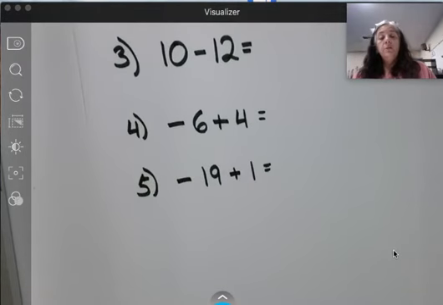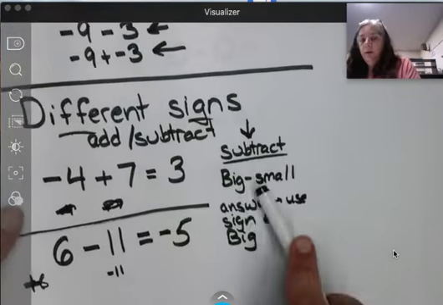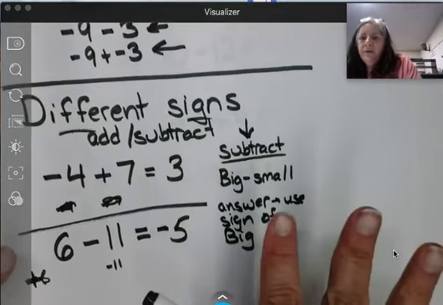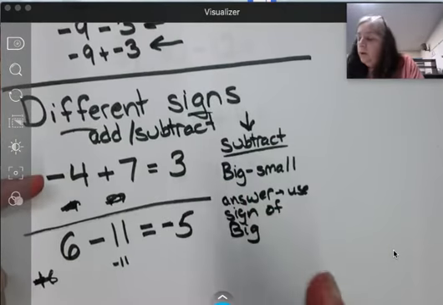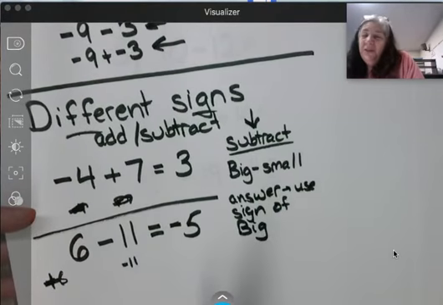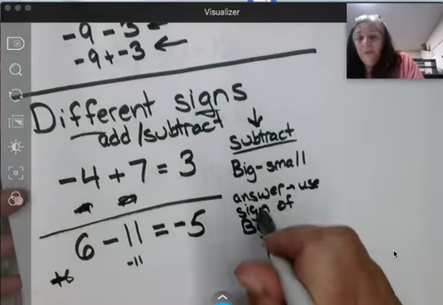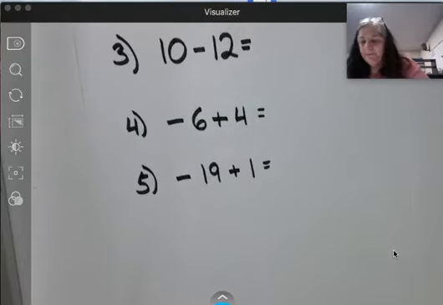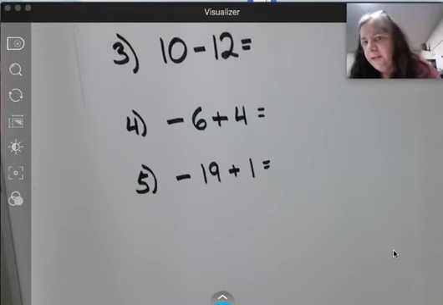Okay, so this would be a good time to pause your recording and get your own answers for these, but do me a favor, use the rule. Don't ever do these by feel. You got to use the rule, because if you don't use the rule, you'll get them wrong. So many people do them by feel and they're getting them wrong when there's just a really clear rule to use. So pause your recording. I'll see you in a second.